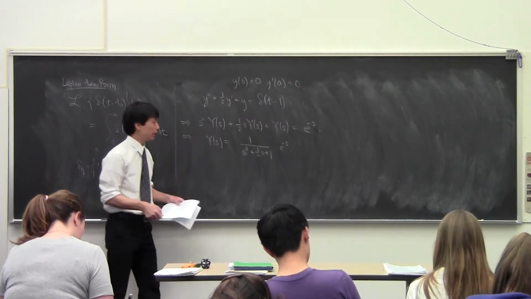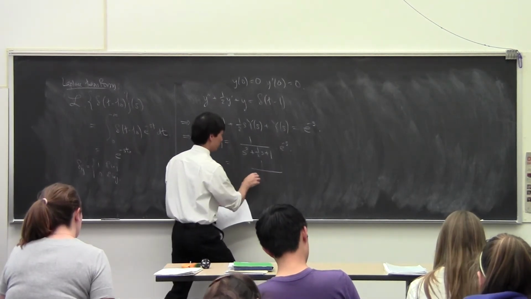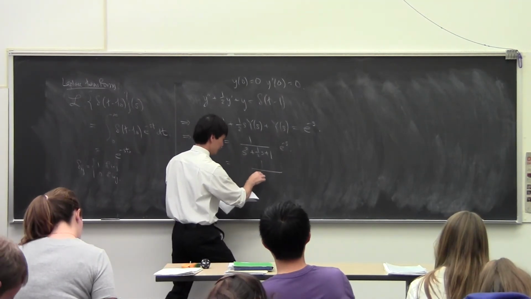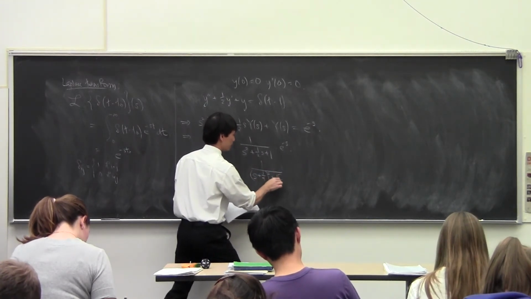And as usual, we use completing the square. So we get 1 over (s plus a quarter) squared plus 15/16.